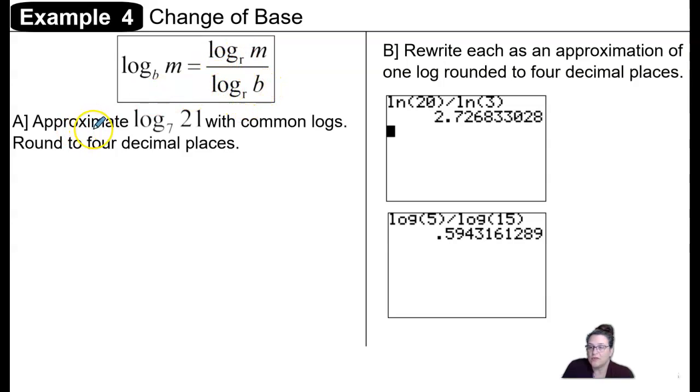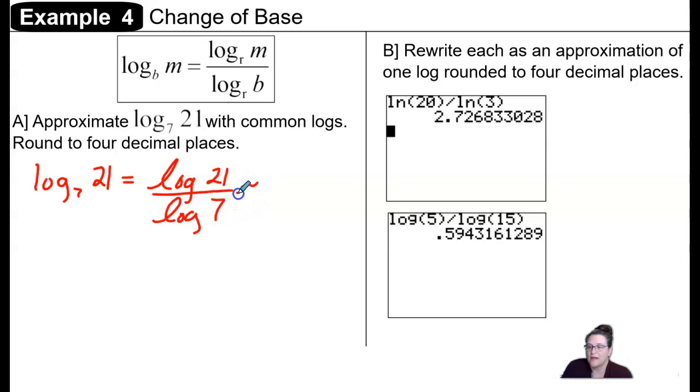So if I want to use a calculator to approximate the log base 7 of 21 using common logs, or base 10, I would use the change of base property with common logs. So the common log of the argument divided by the common log of the base.